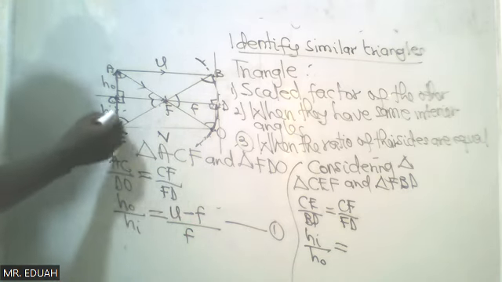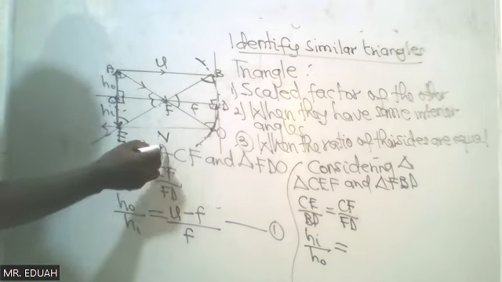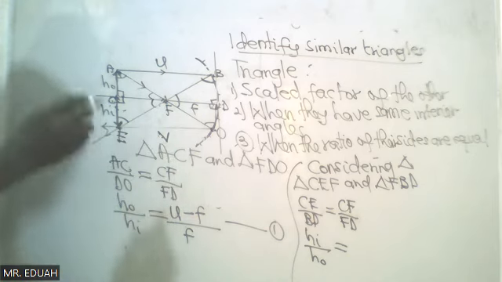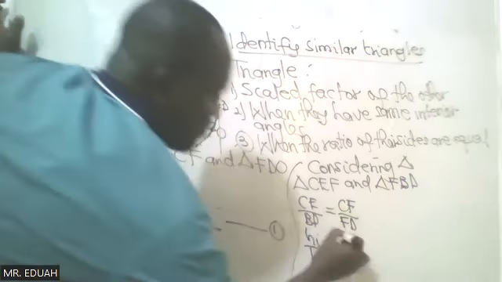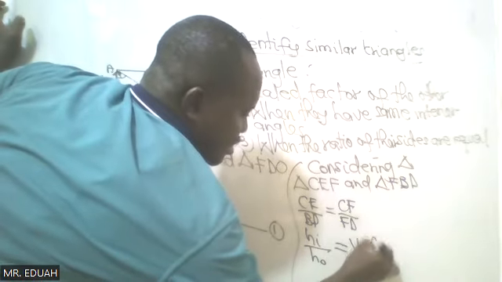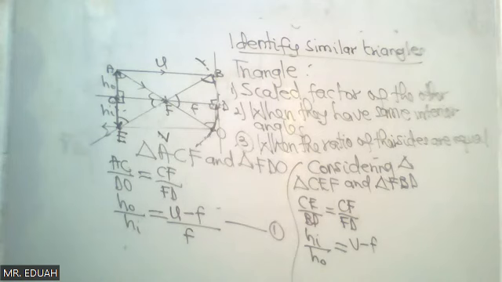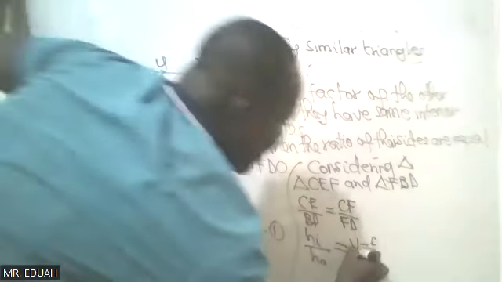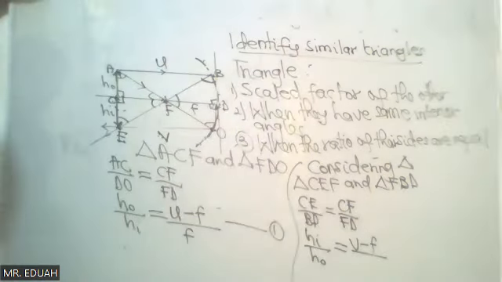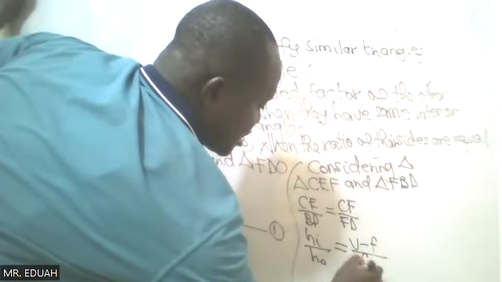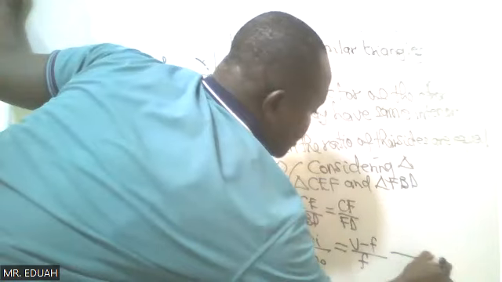So CF will be equal to V minus F. Are you with me? Yes. So V minus F over F, which is still F. We have equation 2.